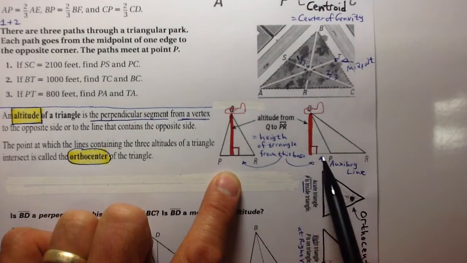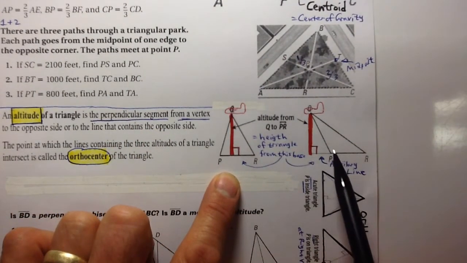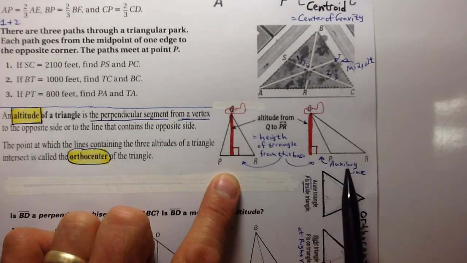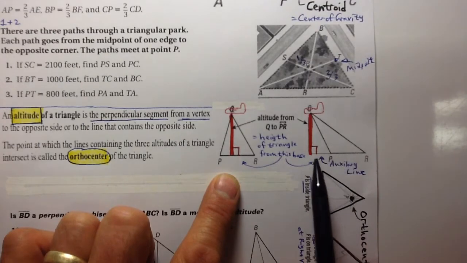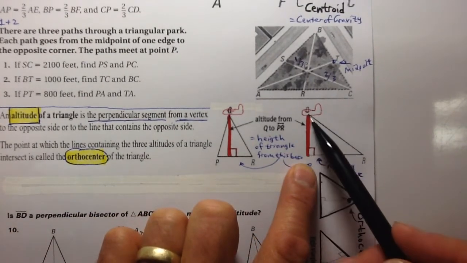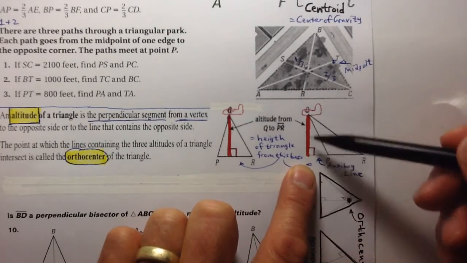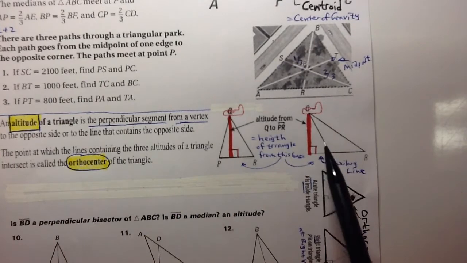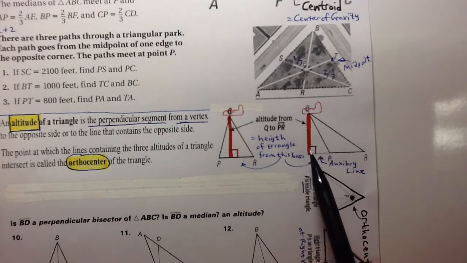And notice that in this case, when you have an obtuse triangle, you have to have an auxiliary line. So you have to draw this auxiliary line out from this side to know where to come down, how far to bring your altitude down. So with an obtuse triangle, your altitude is actually going to be outside of your triangle.